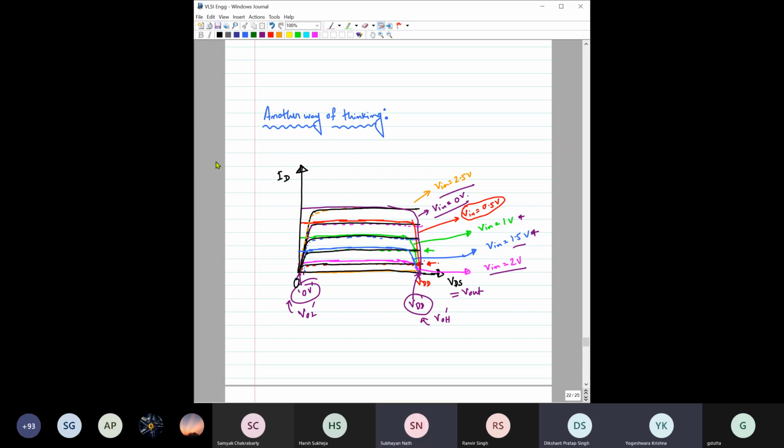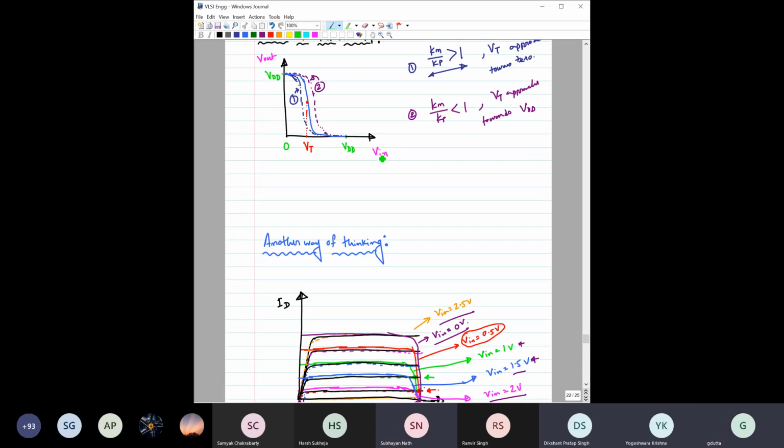So basically, if Kn by Kp is greater than 1, then Kn is greater than Kp. So for the same current, we have to have more VGS for the PMOS than the NMOS.